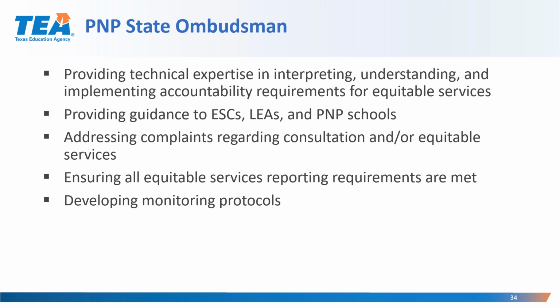This slide lists a few of the PNP ombudsman duties: providing technical expertise in interpreting, understanding, and implementing accountability requirements for equitable services, providing guidance to ESCs, LEAs, and private schools, addressing complaints regarding consultation and/or equitable services, ensuring all equitable services reporting requirements are met, and developing monitoring protocols.